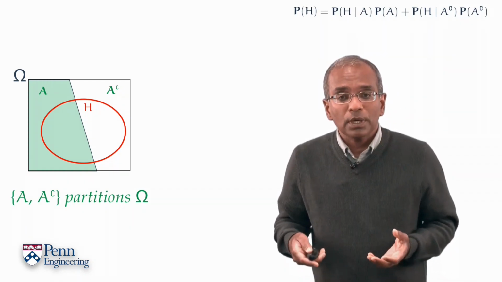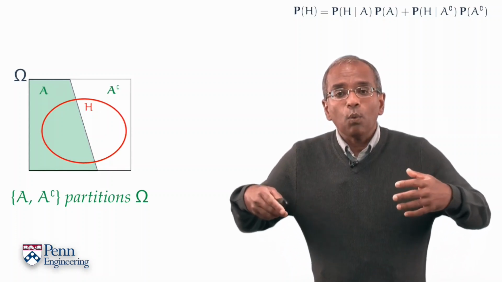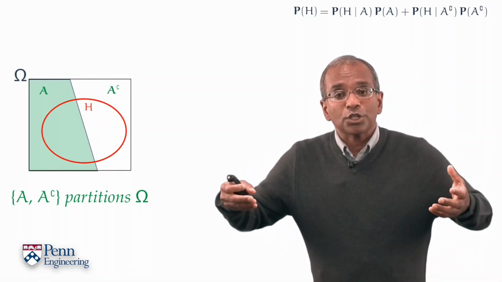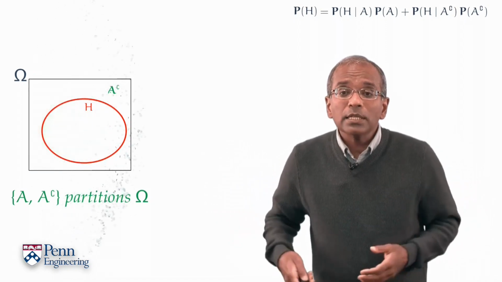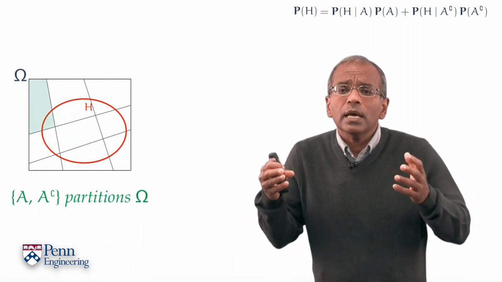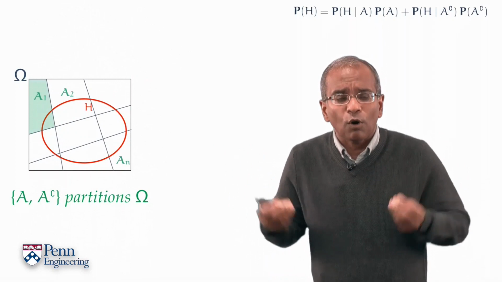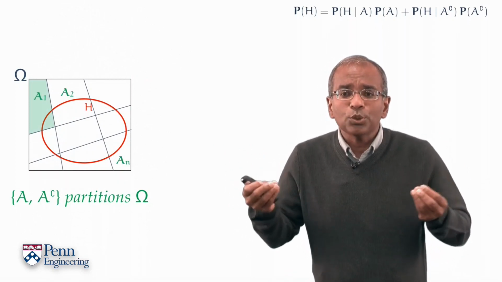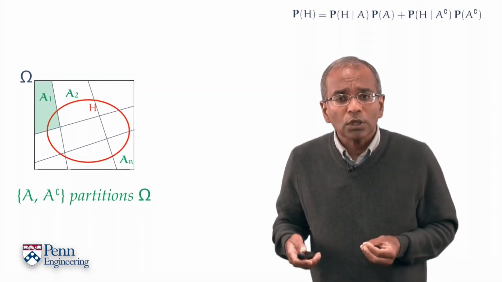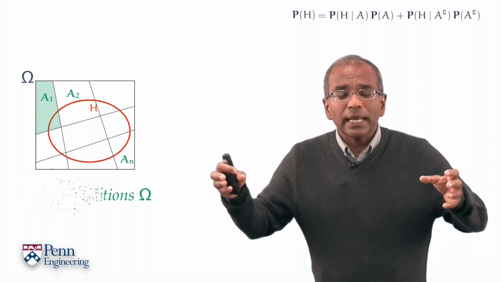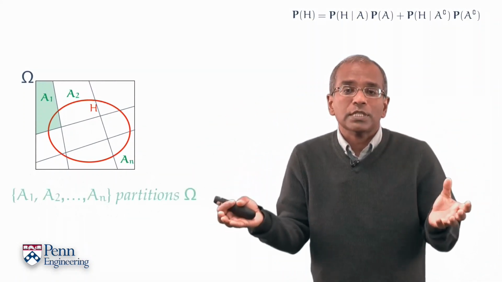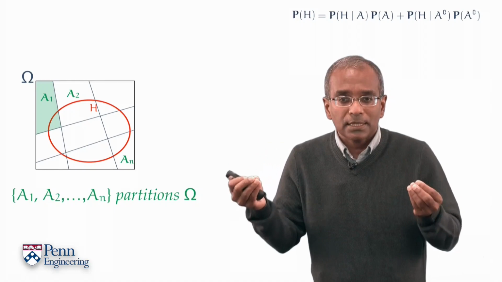event of interest. If now one moves beyond a partition into two elements and thinks about a partition into, say, a finite number n of events, A1, A2, A3, and so forth, what we now obtain is a finite partition of the sample space into n sets.